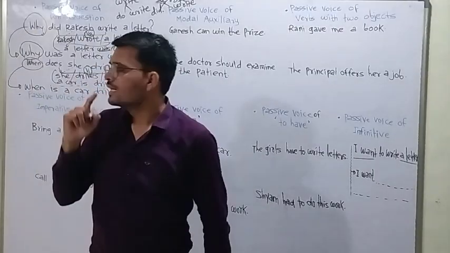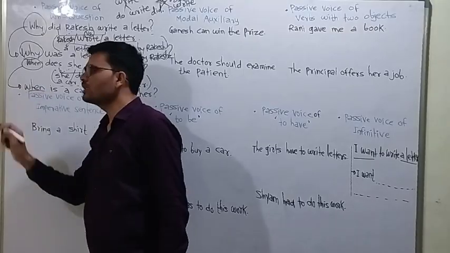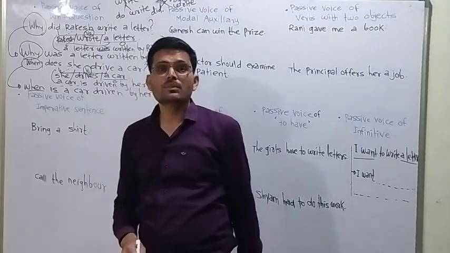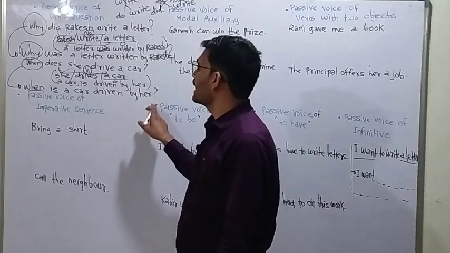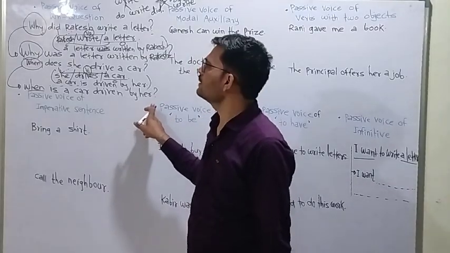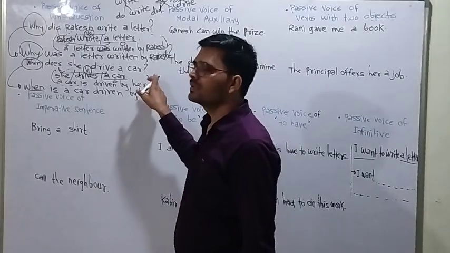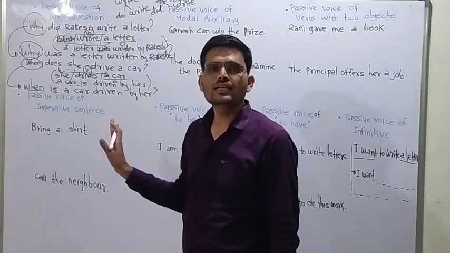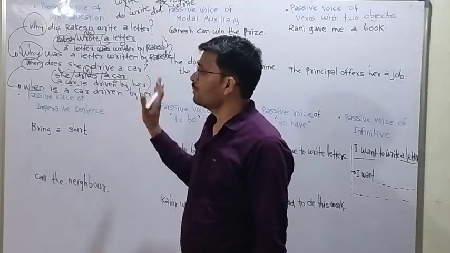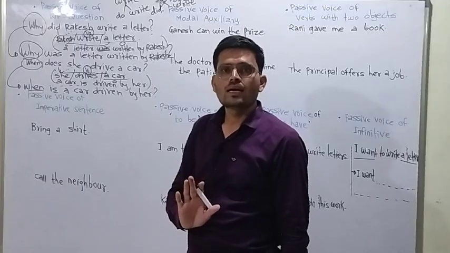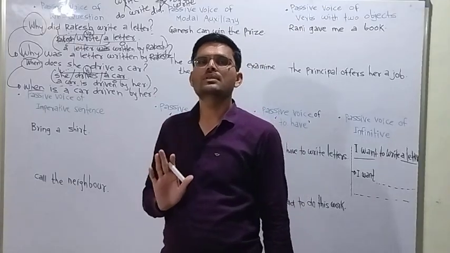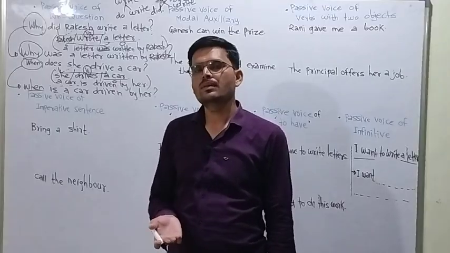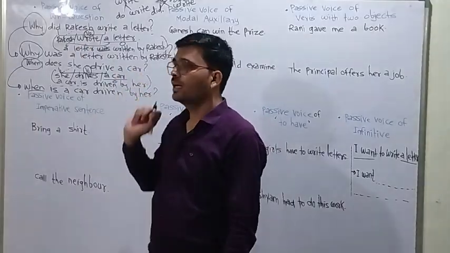Because this sentence started with a WH word and after that there is a helping verb, so we put a question mark at the end of the sentence. In active voice there is a question mark, 100%, and in passive voice there is a question mark. That is very important. If you understand this method, you will understand 99% of converting active voice into passive voice for WH questions.